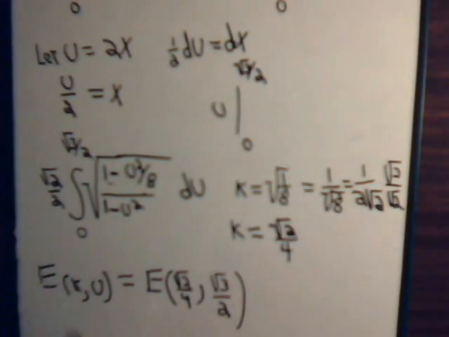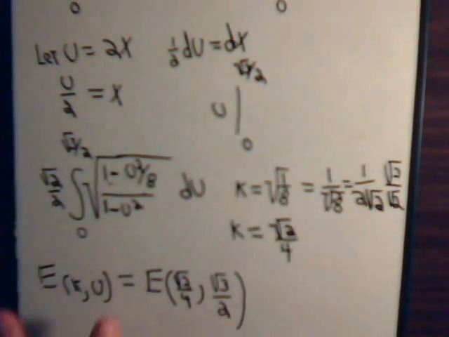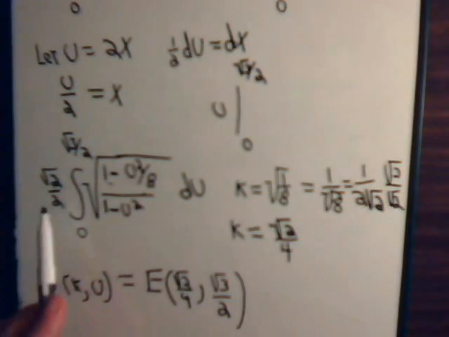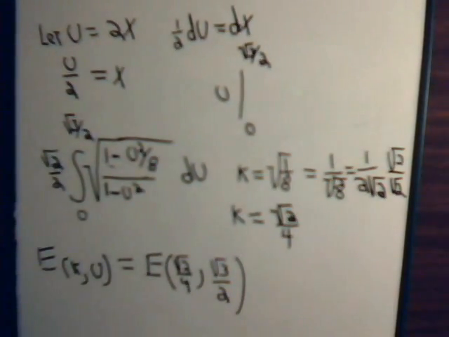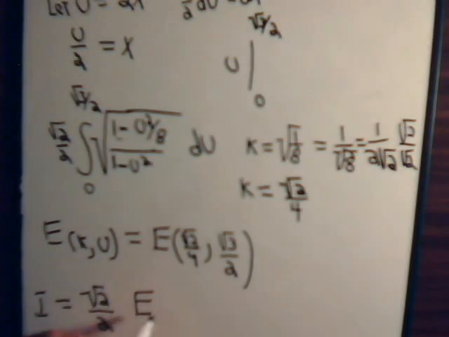So the numerical value of this integral, oh, we forgot to write this in. So let's have it right here. This integral, we'll call this integral I, equals the square root of 2 over 2, times whatever numerical value this has.